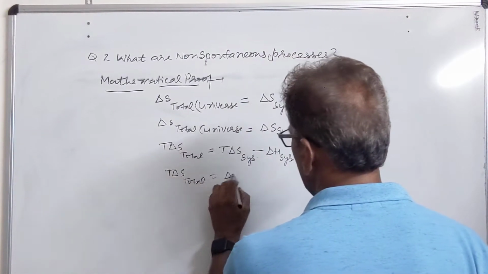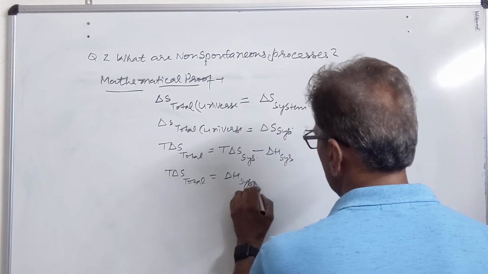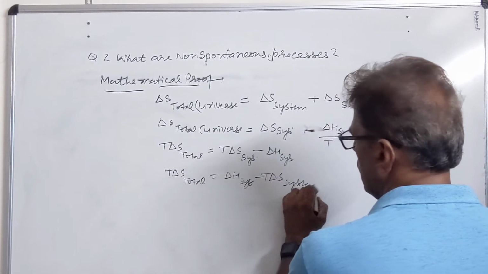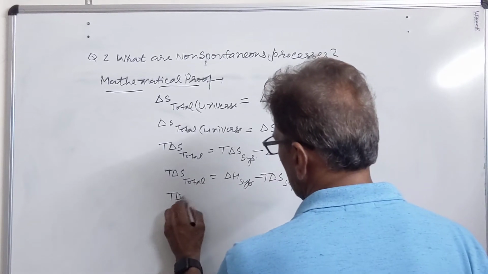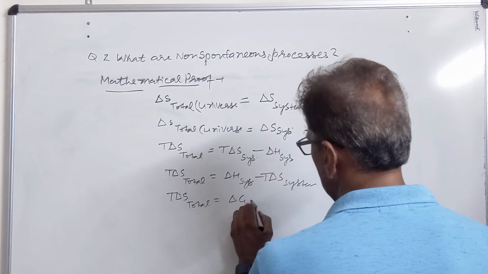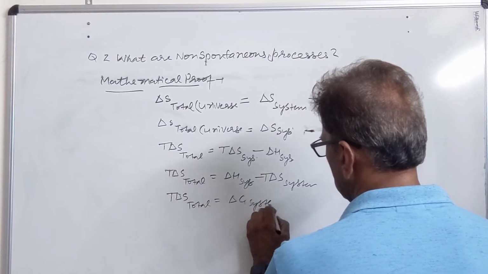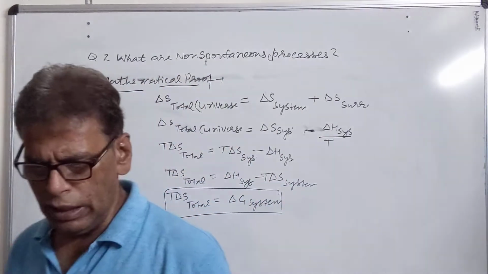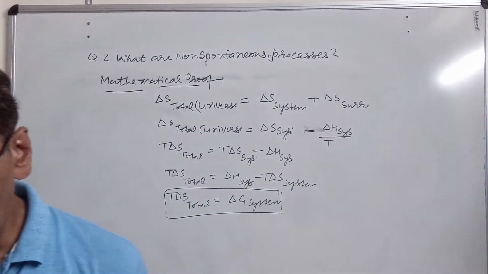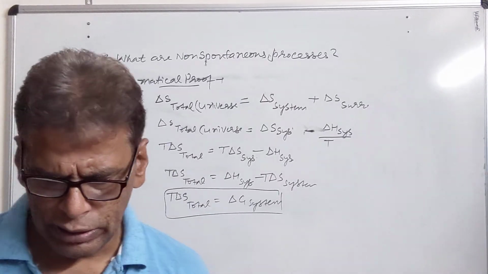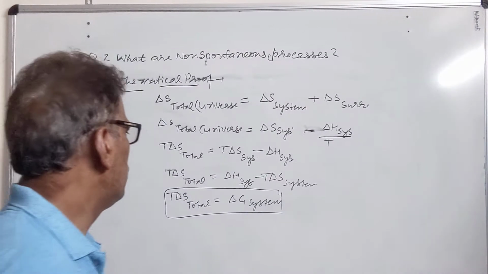That can also be written as delta H system minus T delta S system, or T delta S total of the universe, that is equal to delta G system. So T delta S total is equal to delta G system, that is equal to delta G total.